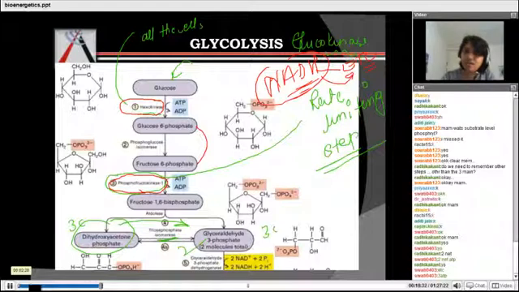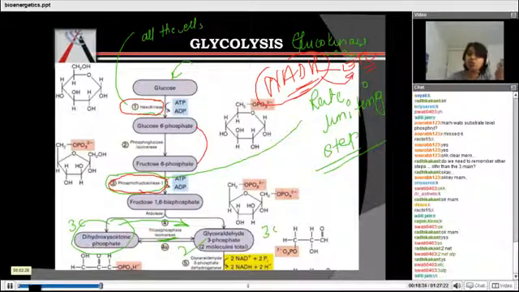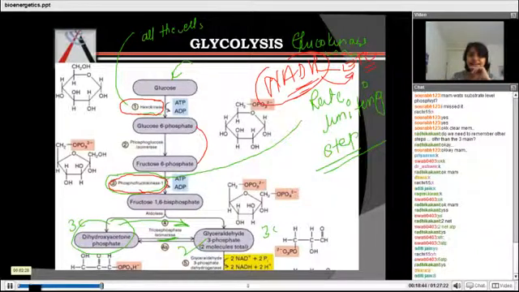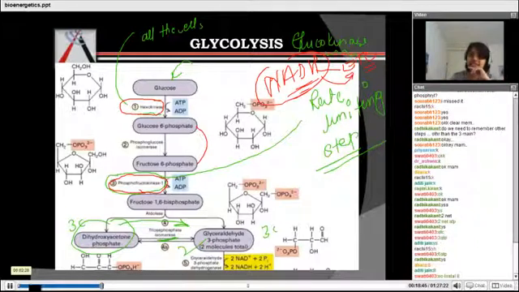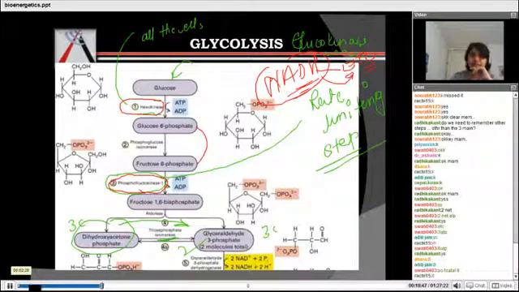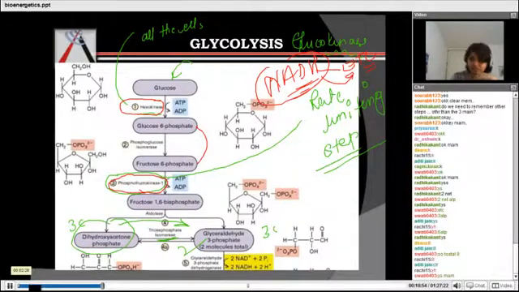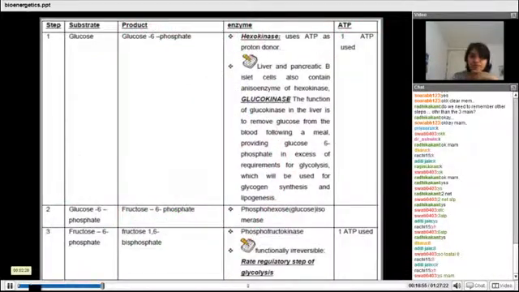You get that point? Already we had saved 2 from substrate level phosphorylation. We get 6 more. So 2 plus 6, in total we get 8. 8 saved ATP. Is that clear? We are going to see this calculation again as we move on. But if it is clear right now, we'll move on.